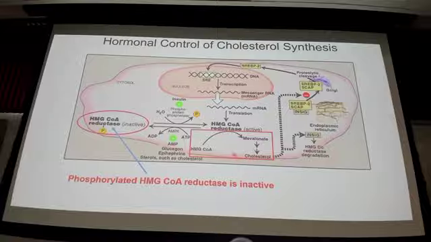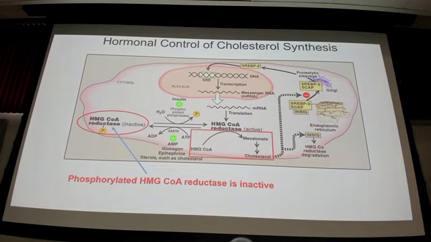In addition to these regulators, there's also another regulator of this enzyme, and that's SREBP2. What this regulator does is that when cholesterol levels are high, it is a transcription factor.